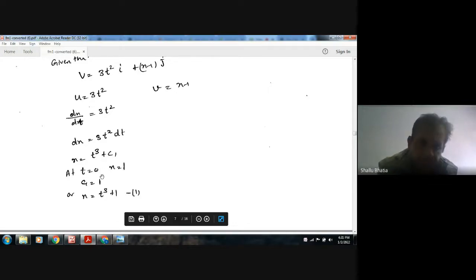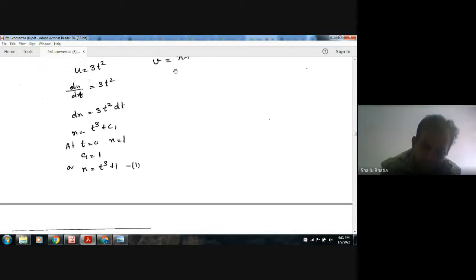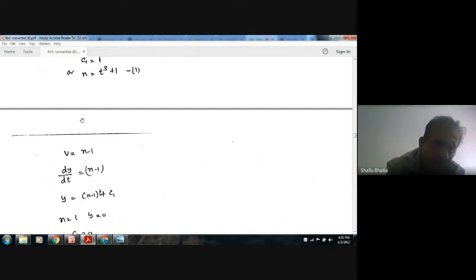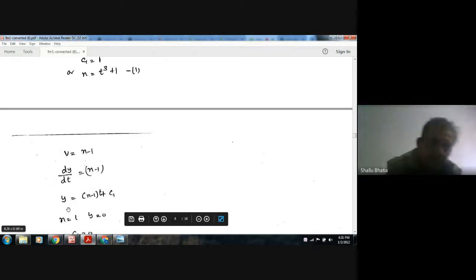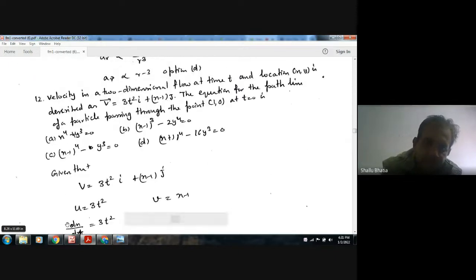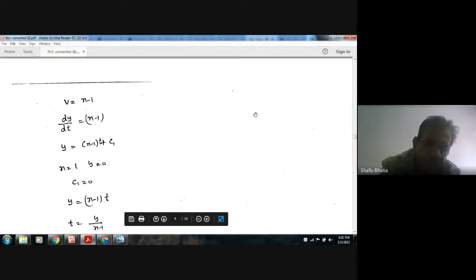Now v is x minus 1, which is a function of x. So dy by dt is x minus 1. Integrating, it will be y equals (x minus 1) t plus c2. The point is x equals 1, y equals 0 and t equals 0. Putting these values, we will have c2 as 0.